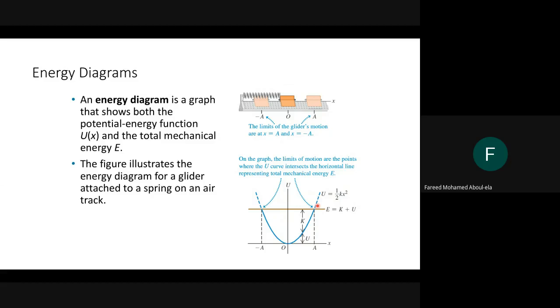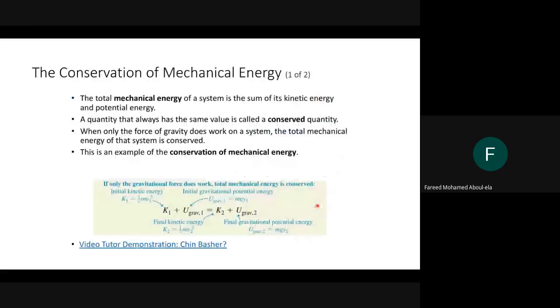Okay, so the conservation of mechanical energy. We said the total mechanical energy of a system is the sum of its kinetic energy and potential energy. So remember, kinetic energy equals the work done on the system.